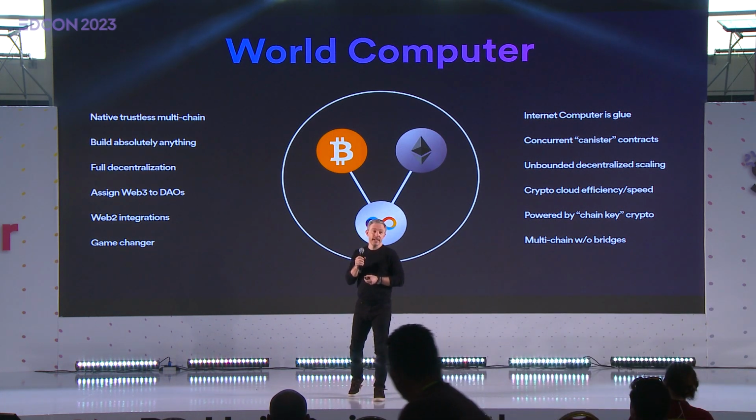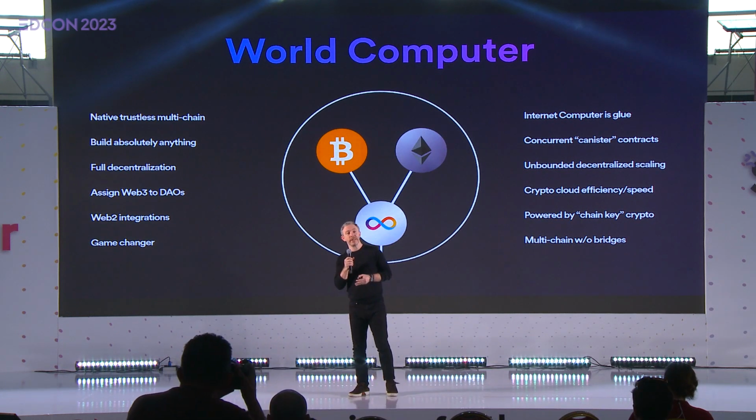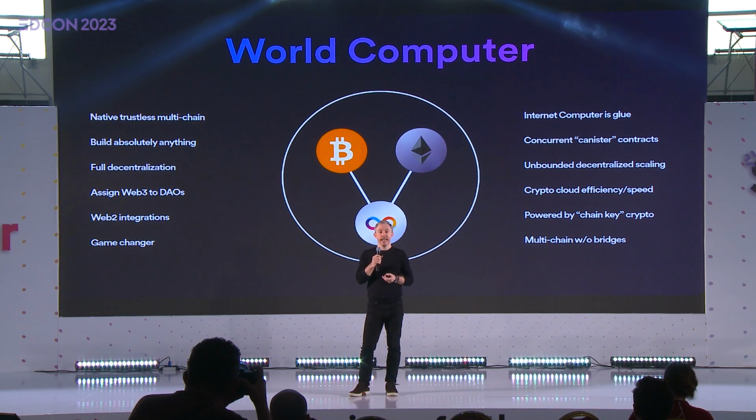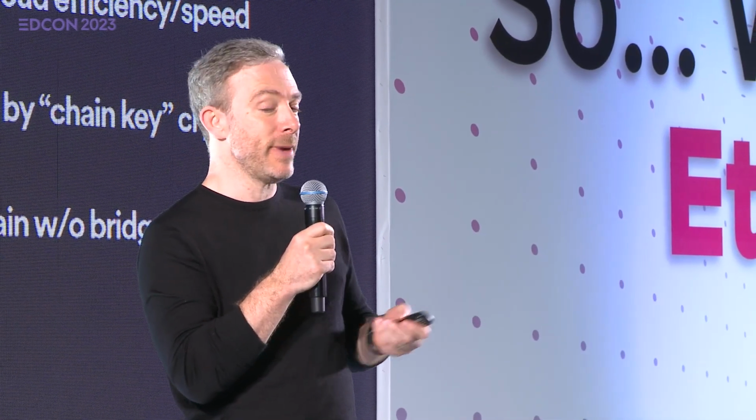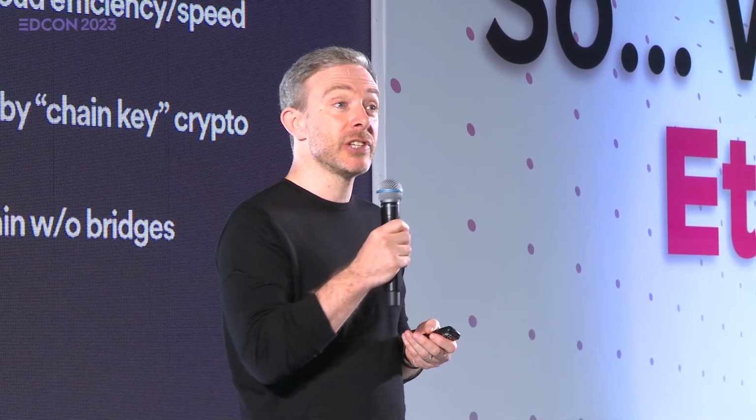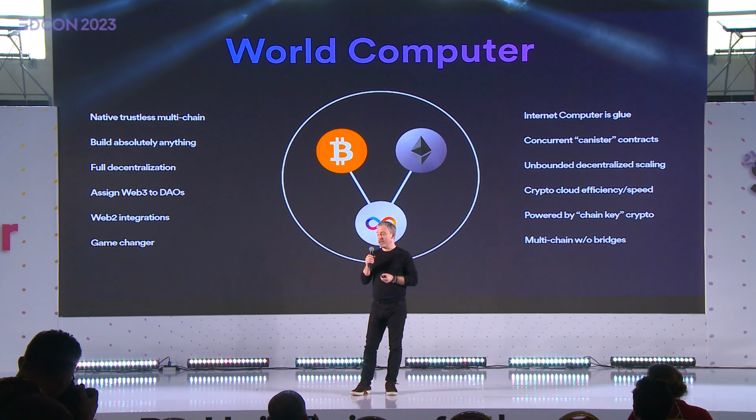So you could build a mass market social network that will run end-to-end in a decentralized way. You can assign Web3 services to DAOs, and not just in the sense that people vote on proposals, and if some bit of text gets enough votes, someone goes away with a backdoor key and implements the proposal, but with full automation. And you can integrate with Web 2. So it's a big potential game changer.